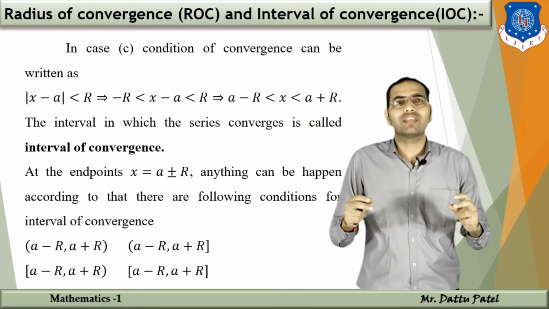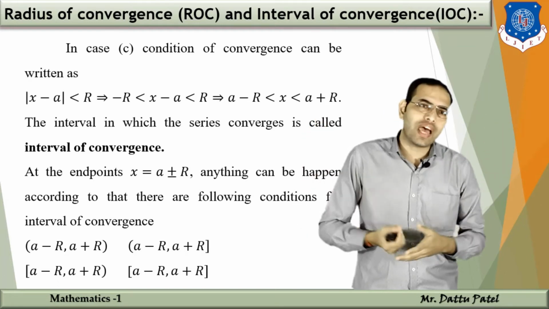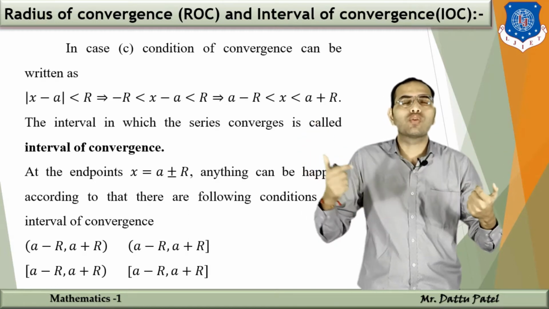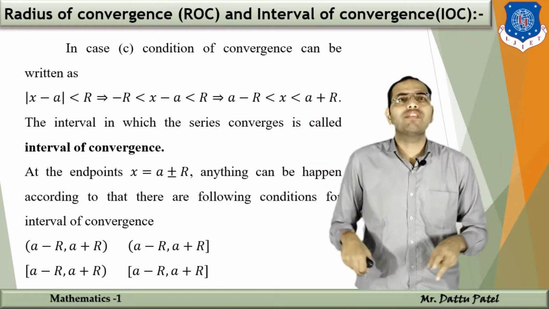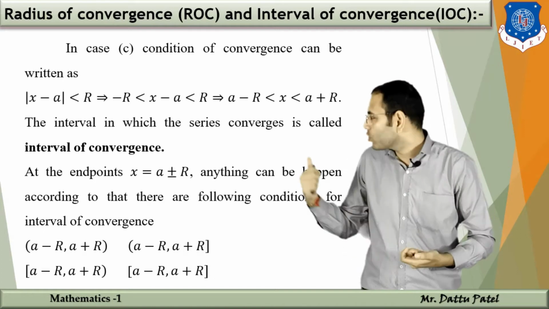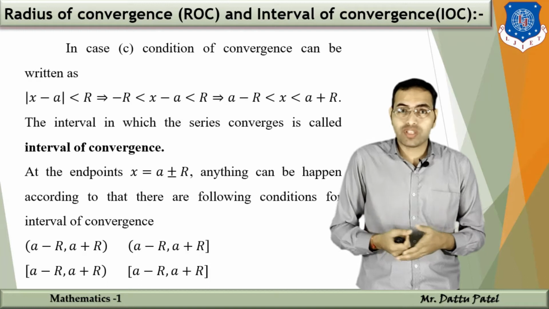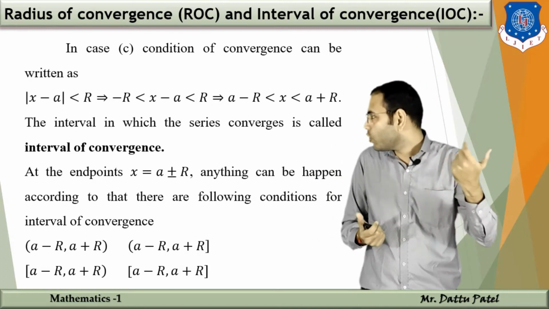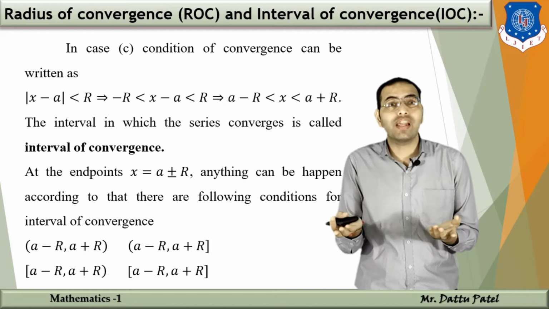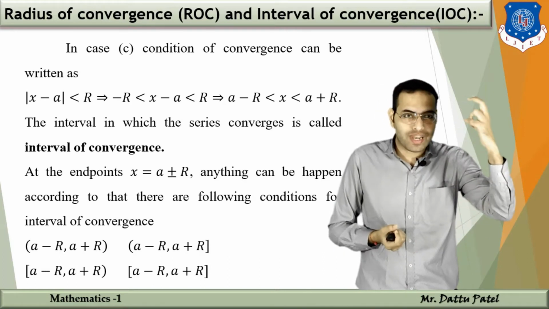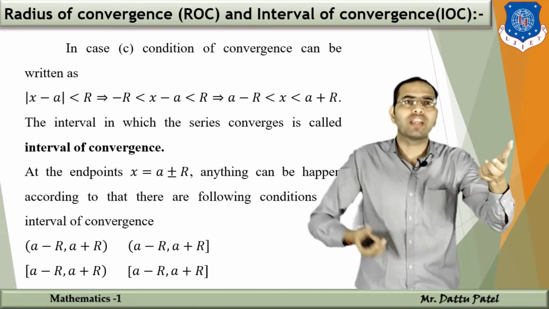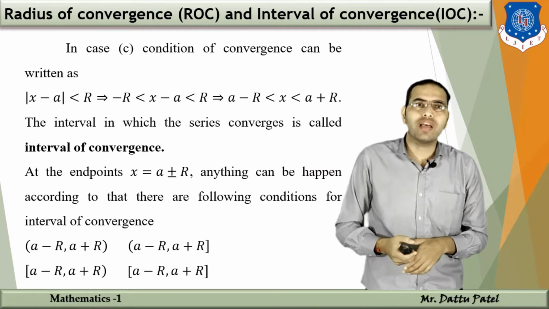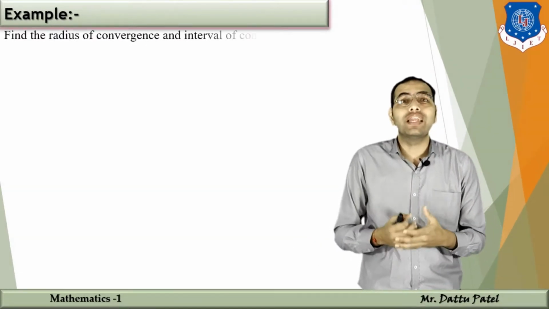If both the endpoints are divergent, then we write the open interval a minus R to a plus R. If both the endpoints are convergent, then we write the closed interval a minus R to a plus R. It may be possible that the left endpoint is divergent and the right endpoint is convergent, then we write open bracket a minus R to close bracket a plus R. Similarly, if the left endpoint is convergent and the right endpoint is divergent, then we write close bracket a minus R to open bracket a plus R. These are the possibilities for the interval of convergence.